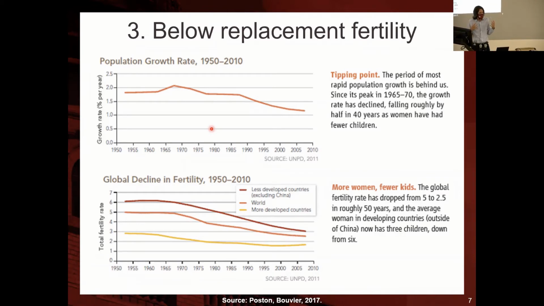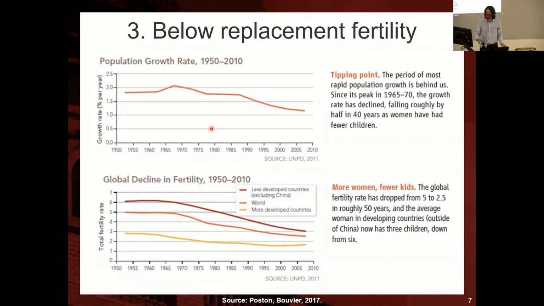And fertility here, we are getting information only for women. So when we talk about total fertility rate equal to 2, or 2.1 to be more specific, we are talking about how many children on average women are having. And then we expect them to have more than 2.1 on average because we replace them and their partners.